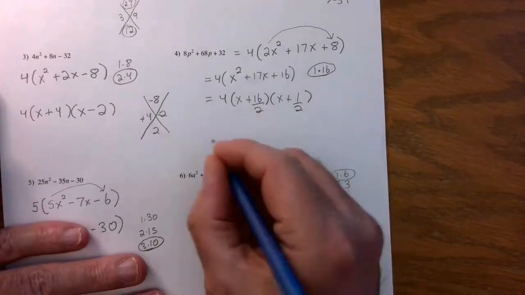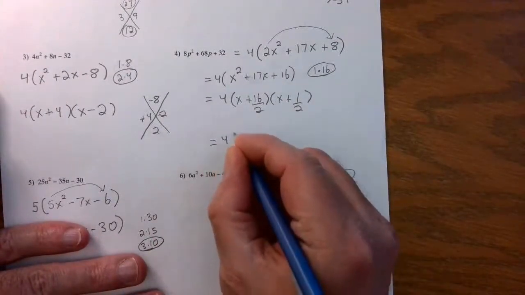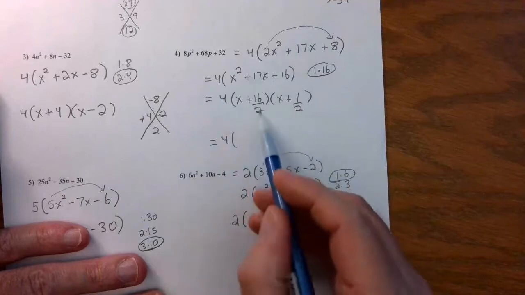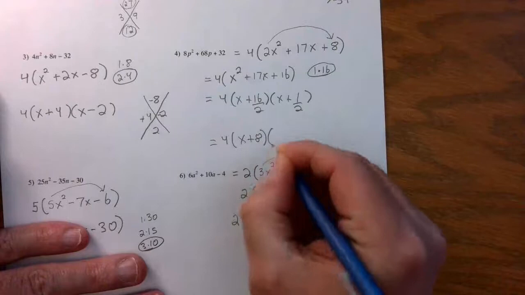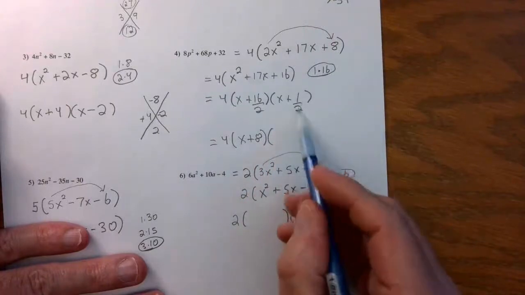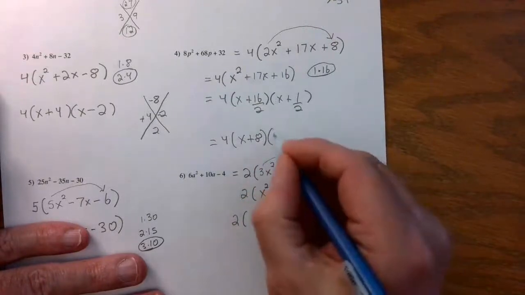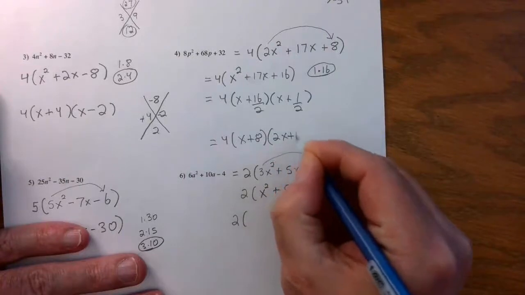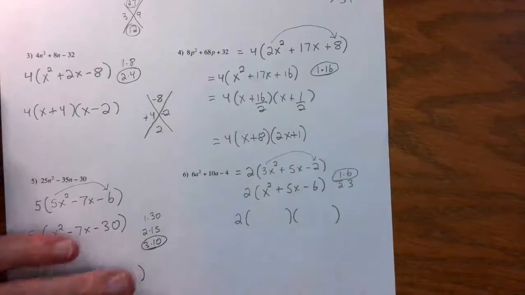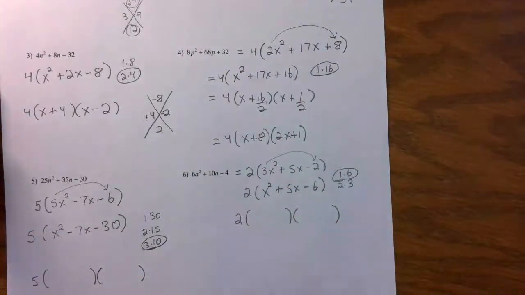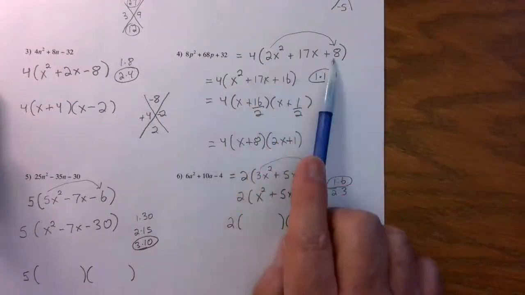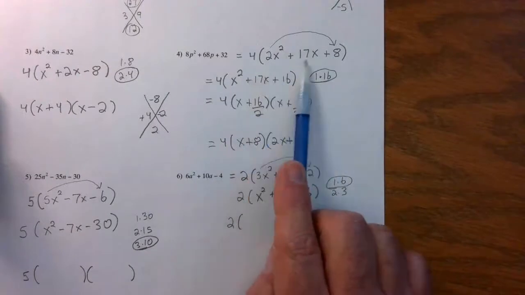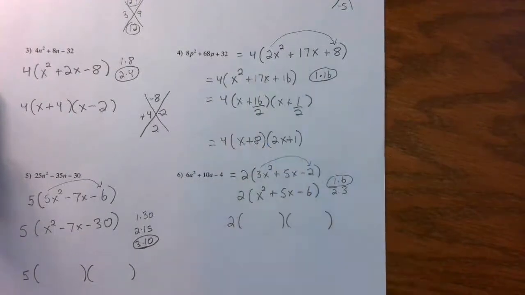Don't forget about the 4; that has to stay in front. 16 divided by 2 is 8. And then this is a half, so bottom up that 2. Again, sometimes, even after you take out the greatest common factor, you still have to slide it, because I can't take a 2 out of here, since that's a 17.